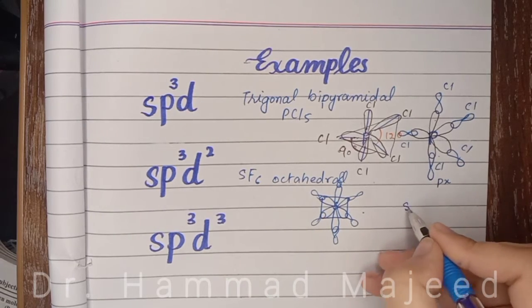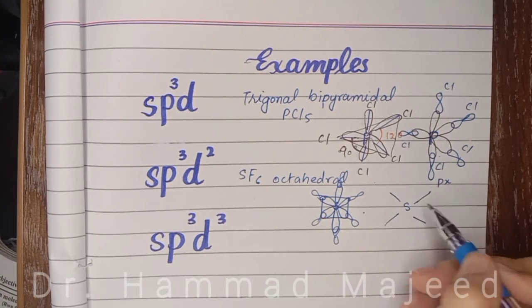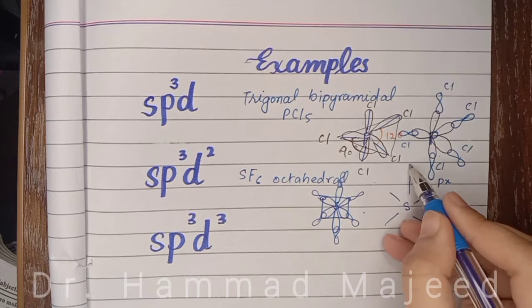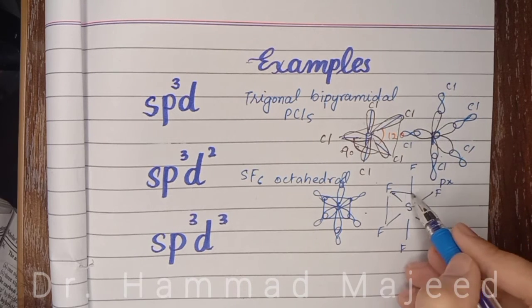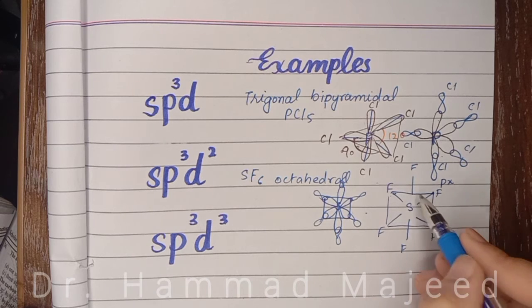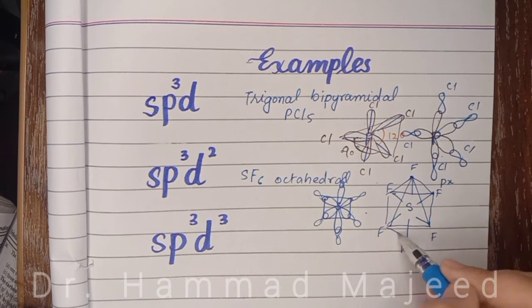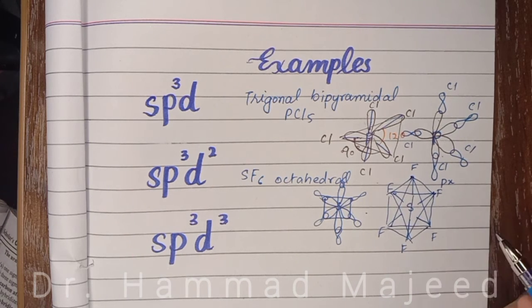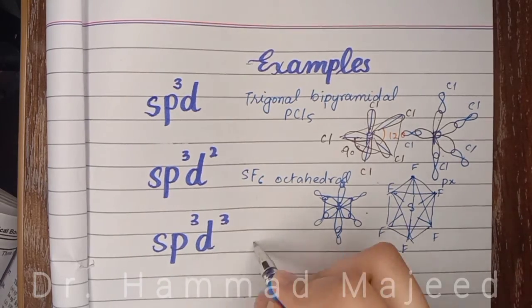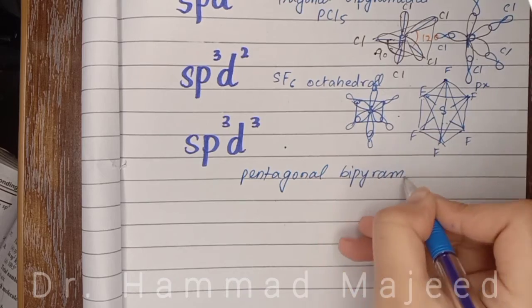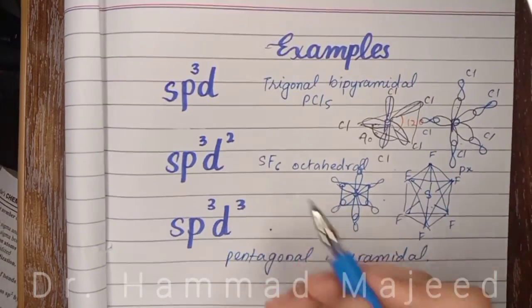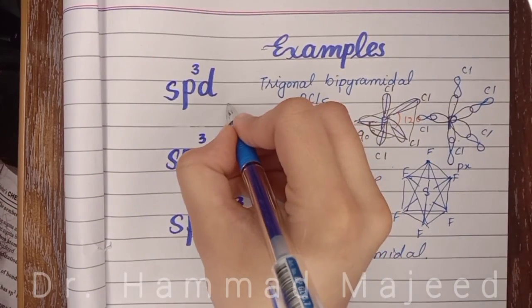Now the sp3d2 orbitals overlap with the F atoms. The p orbitals of F overlap with the hybridized sp3d2 orbitals, as we know that the central atom is always hybridized.